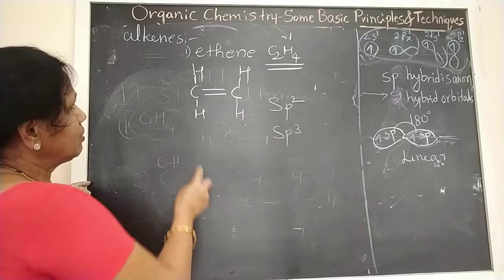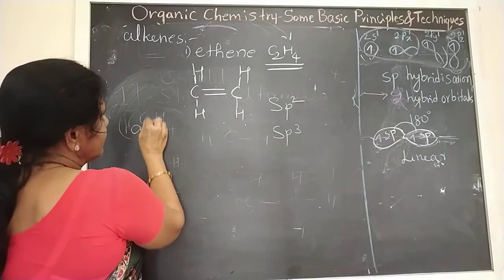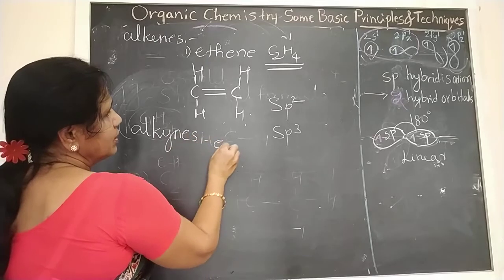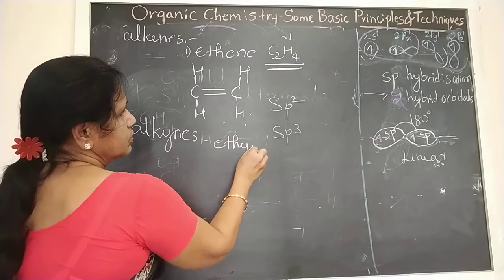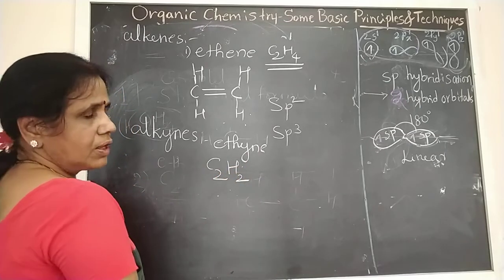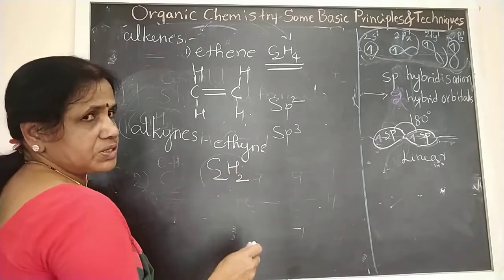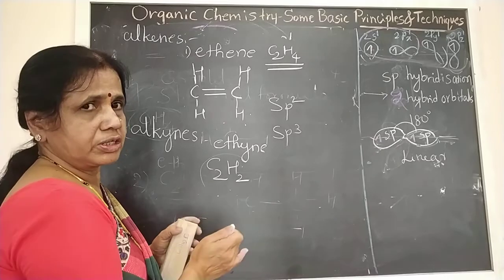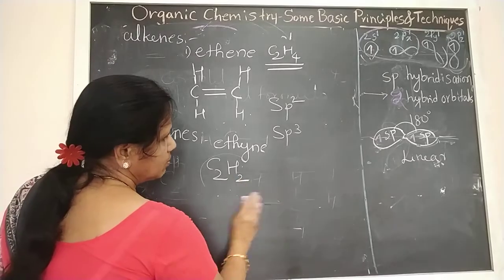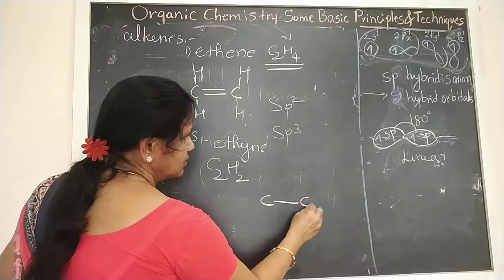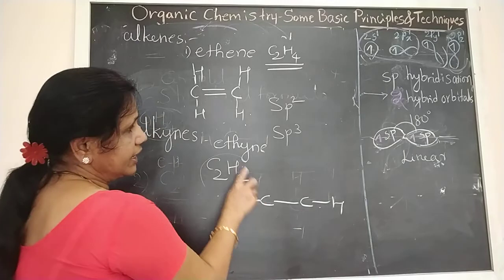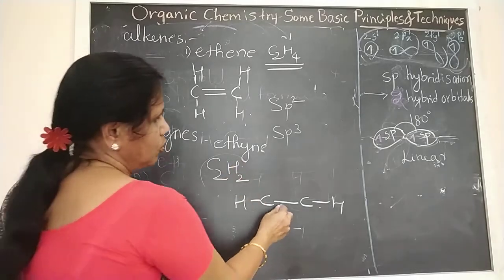If there is a triple bond, suppose in the case of alkynes, the example is ethyne. The ethyne formula is C2H2. C2H2 is condensed, the formula made short. But the complete structural formula means C, another C, then H, another H. Ethyne means there should be a triple bond.